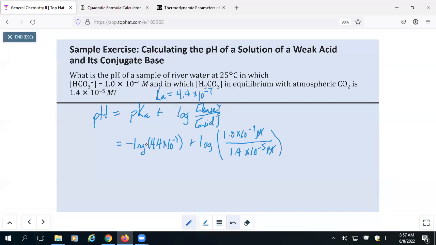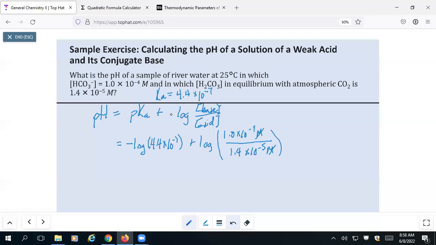Okay, when we do these calculations, we need to remember our sig fig rules for logarithms. And remember, the number of significant figures that went into the logarithm become the number of decimal places that come out of it. So 4.4 times 10 to the negative 7th, I have 2 significant figures, so I'm going to need to carry 2 decimal places.